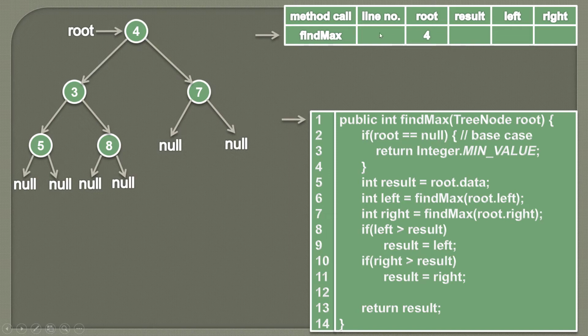So here you can see that this table has 5 columns: line number, root, result, left and right. So as the algorithm is recursive in nature, when we leave this findMax method and call findMax again, we'll simply keep track of the line number here. We'll keep track of the root, result, left and right, which we will see later how they are important. Moving ahead.